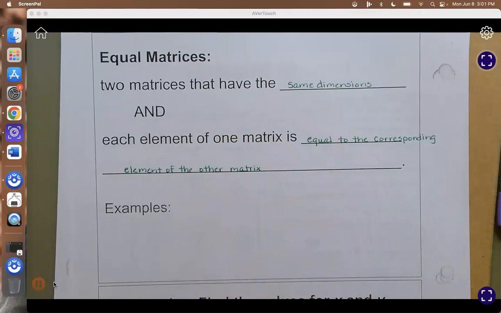Okay, so let's look at these matrices and see if they're equal.